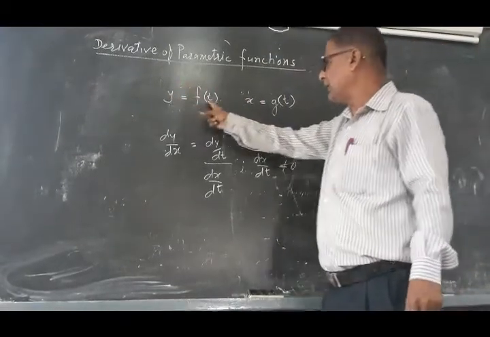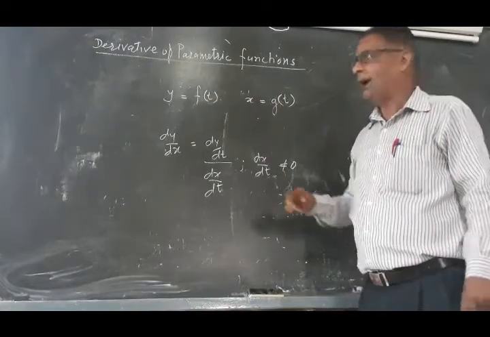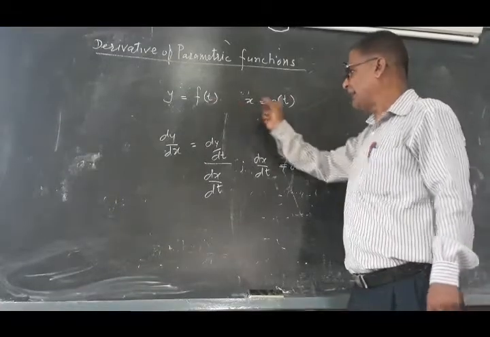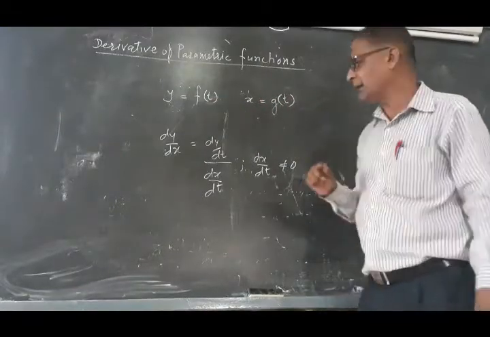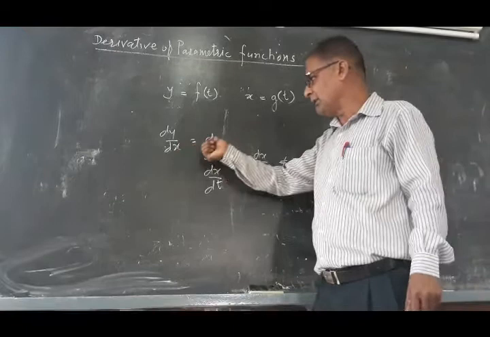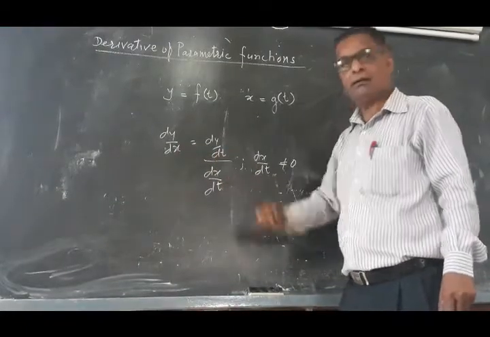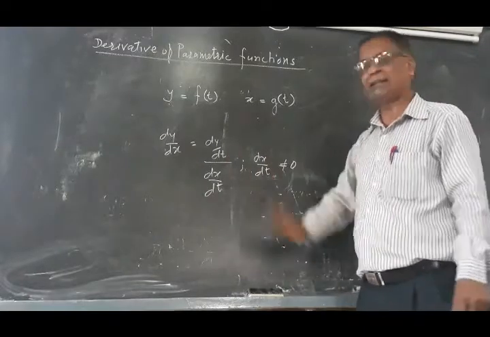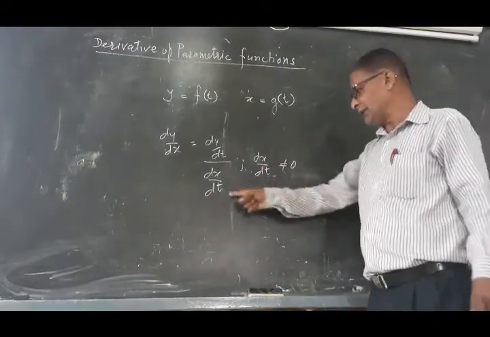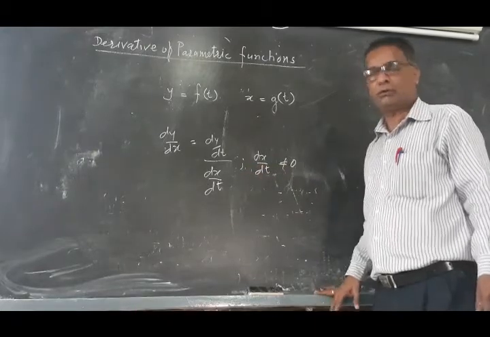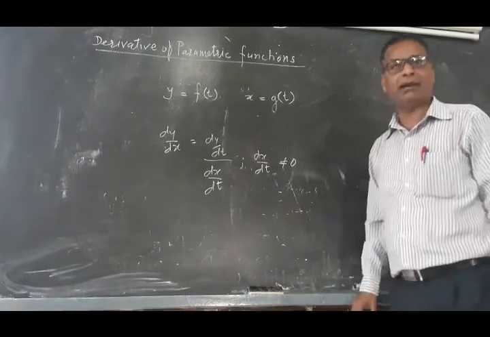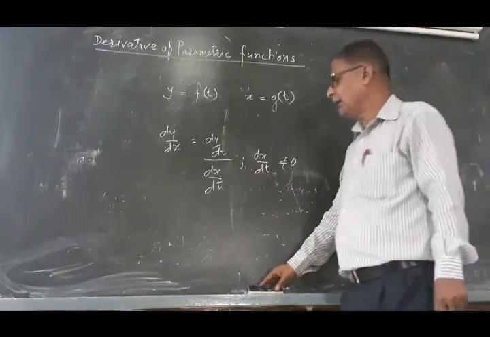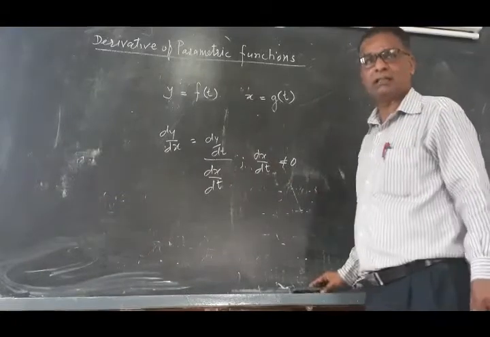If y is equal to f of t and x is equal to g of t, and those functions are differentiable with respect to x, with t as the parameter, then dy upon dx is equal to dy upon dt divided by dx upon dt. A very simple methodology. dx upon dt not equal to 0 means that derivative is not 0, otherwise the result will be undefined. We have to use that theorem here.